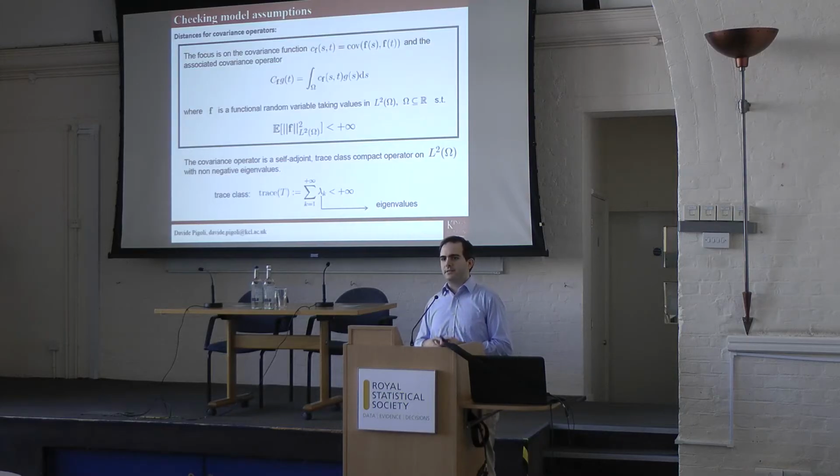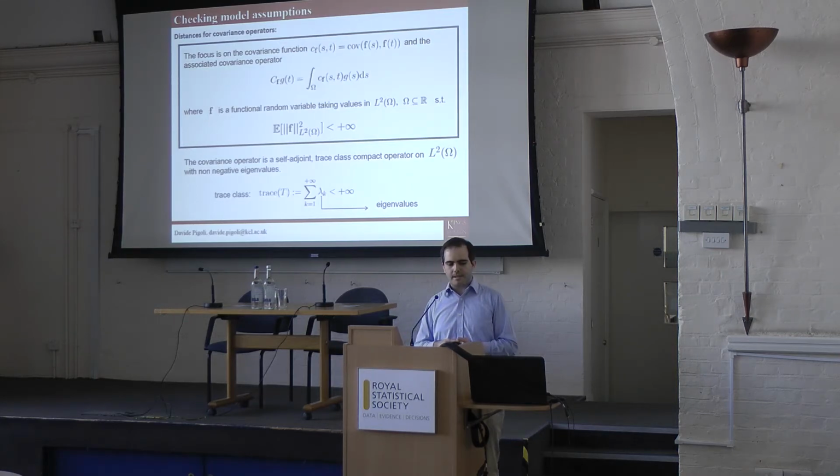Okay, so now the question is how to define the distance d between the two covariance operators, and again, you have a lot of choices here. But one choice that we show works a bit better is one that takes into account the geometry of the space that you are working with.